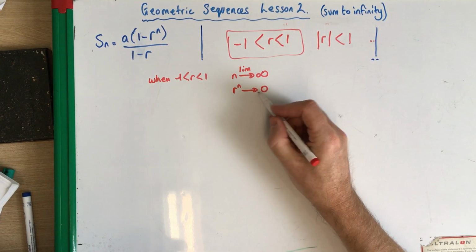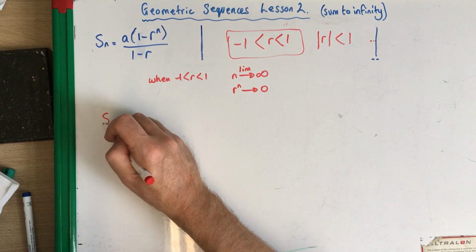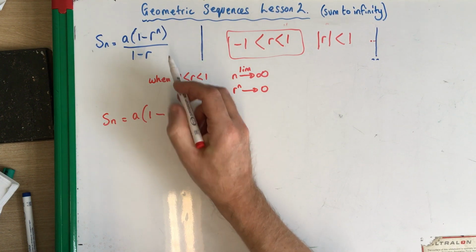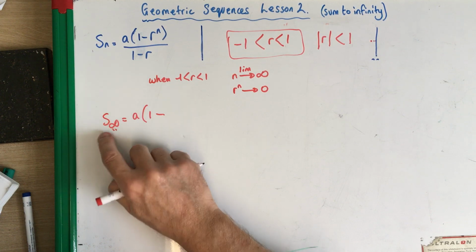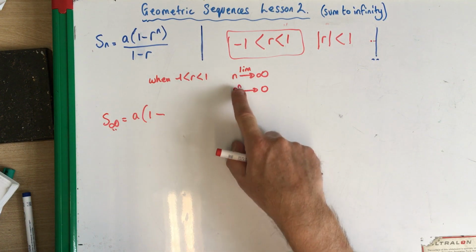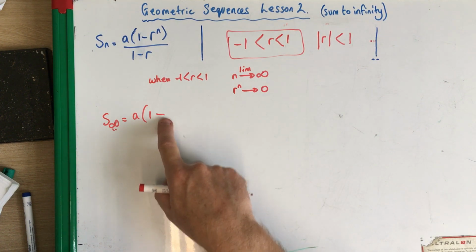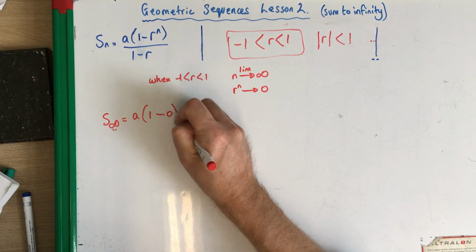And when it limits to 0, then let's put that into here. We can then say that S of n is equal to a times 1 minus r to the n, over 1 minus r. Now, if we change n to infinity, so the sum to infinity when r is between 1 and minus 1, r to the n becomes 0.